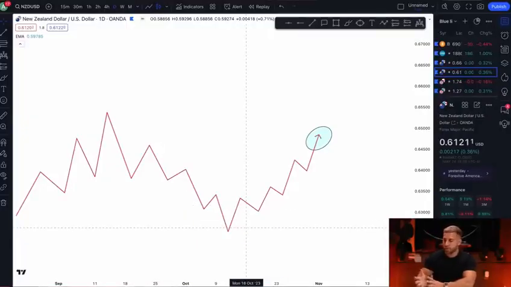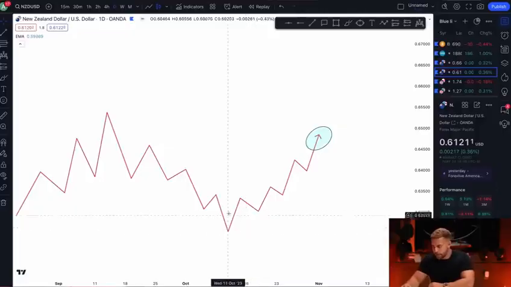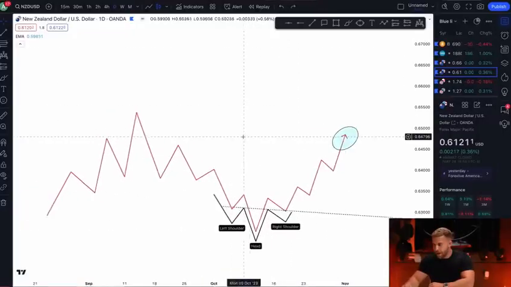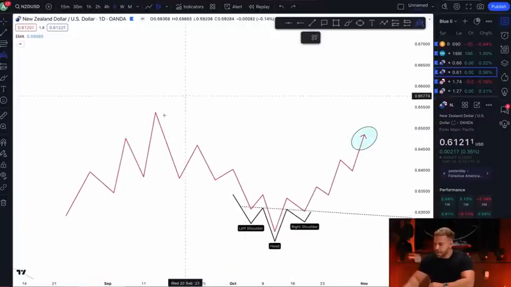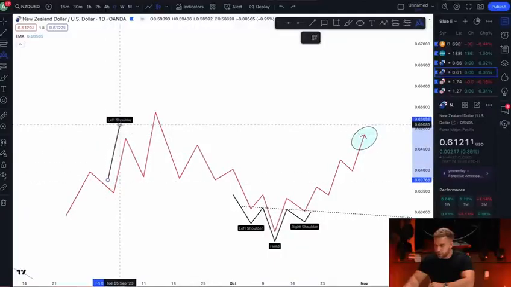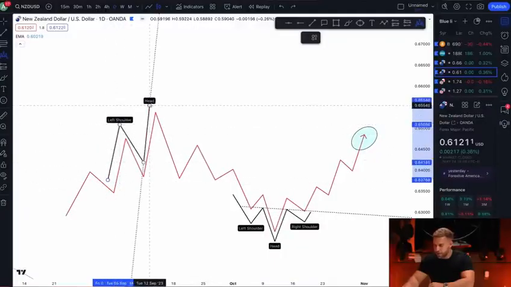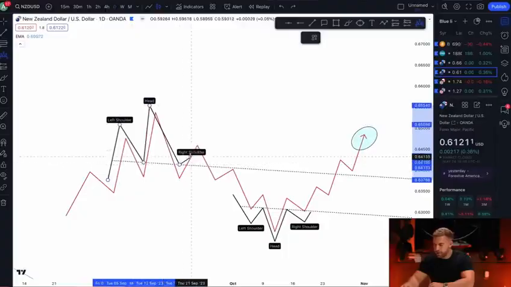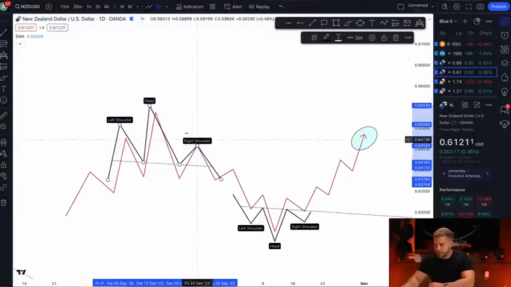Inverted head and shoulders patterns usually happen at the bottom of a trend as a reversal, and then head and shoulders happen at the top of a trend as a reversal from the point there. So these patterns are used as reversal patterns. So this is an inverted head and shoulders pattern, which happened at the bottom of the trend to then shift this market to the upside.